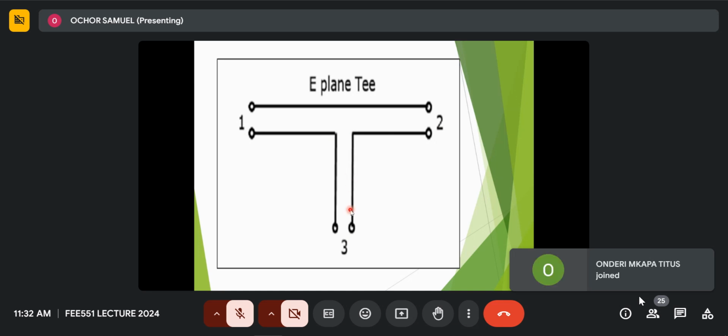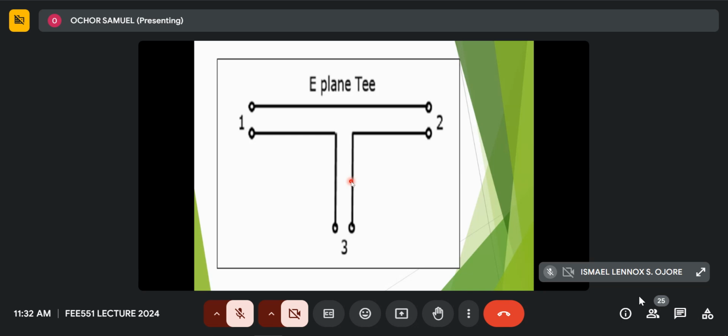There are some properties of the E-plane T that we're going to look at. Port 1 and port 2 are the collinear, the main ports. Whenever you are connecting this junction, if you pick port 1 to be an input, port 2 has to be an input also, and port 3 by default will be the output.